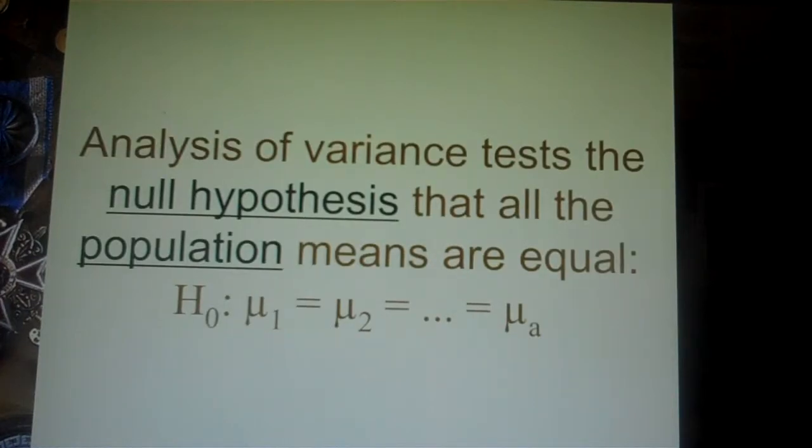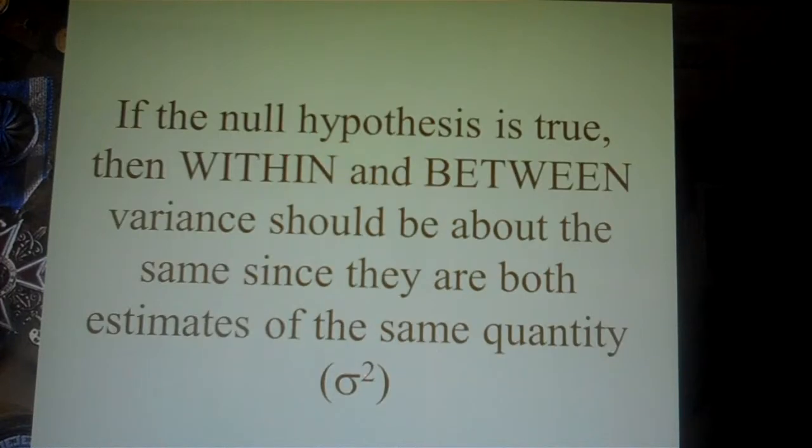ANOVA will test the null hypothesis that the population means are equal. Everyone at Howard is the same as everyone at Shaw is the same as everyone at Grambling. Both between and within, they are the same. That is our assumption.